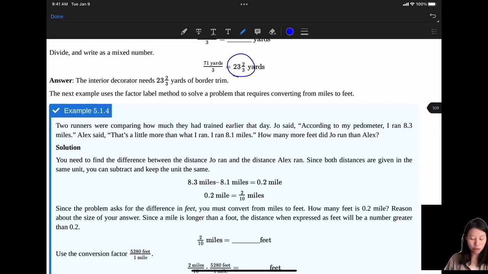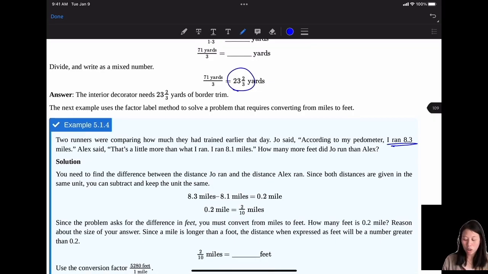So next is here, two runners are comparing how much they had trained earlier the day. Joe says, according to the pedometer, I ran 8.3 miles, and Alice says there is a mile more than I ran. I ran 8.2 miles. How many more miles did Joe run than Alice? So first of all, we need to know the differences, right?